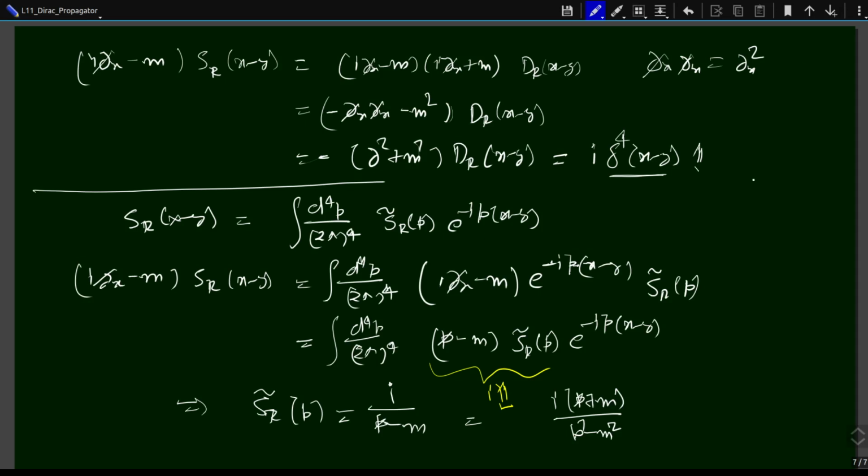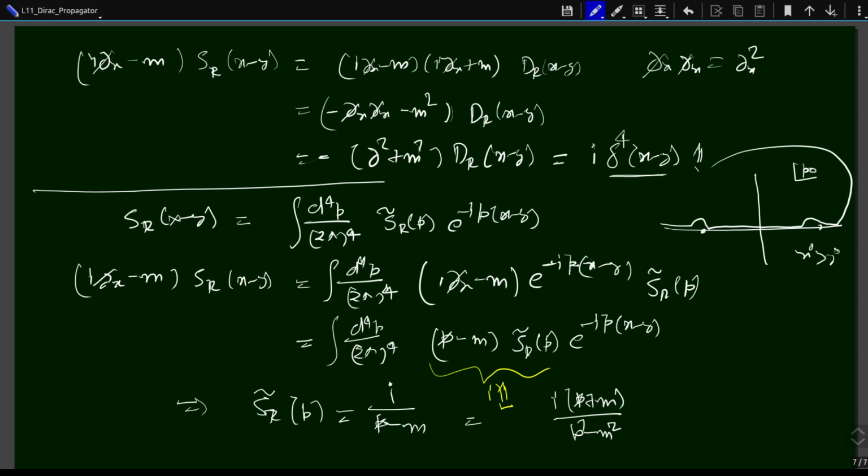In the p⁰ complex plane there are two poles on the real axis, and this integral amounts to choosing a contour which goes like this and closes above when x⁰ is greater than y⁰. This is for x⁰ greater than y⁰.